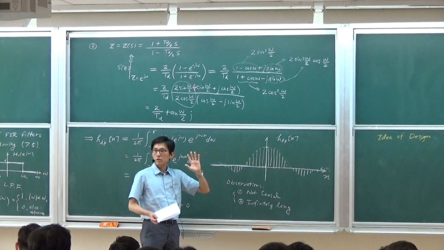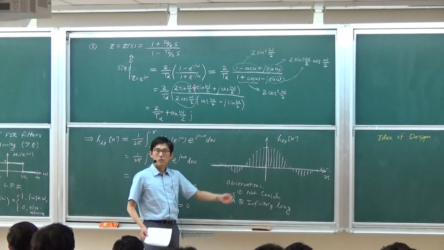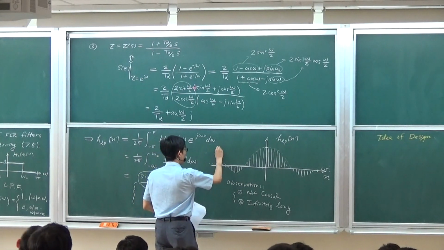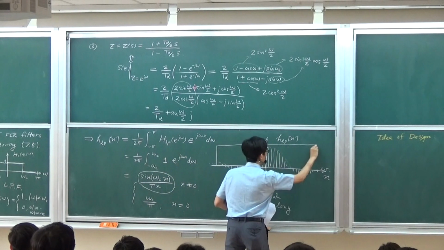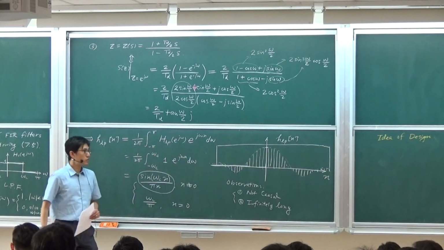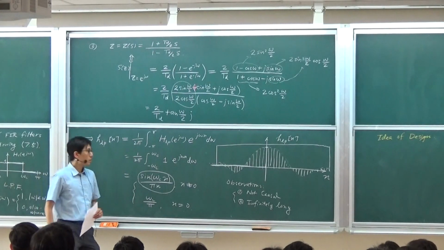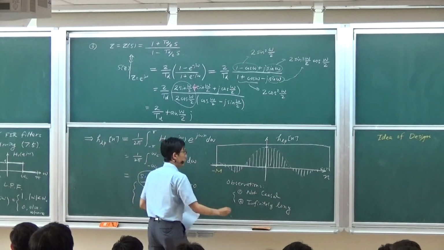And maybe all the energy is concentrated near time 0. So this is my suggestion. Let's just focus on the middle part. Maybe we'll just keep the middle part from time minus N to plus N.